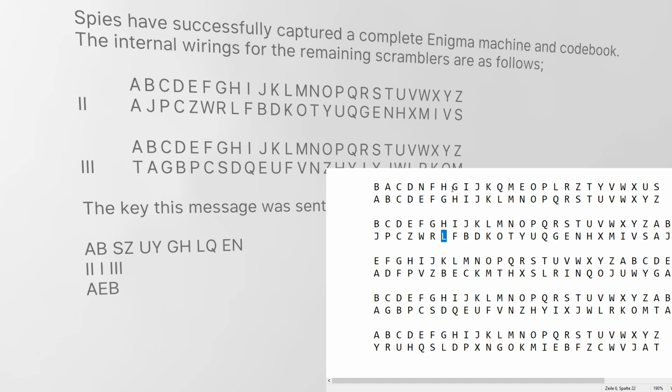No, wait, what are we doing? Do we match positions at the start? How does it go again? Why is it so hard to remember when you match letters and when you don't? I hate it.